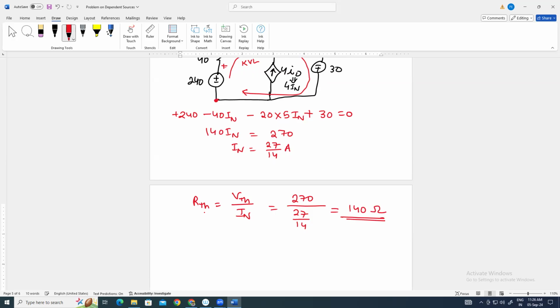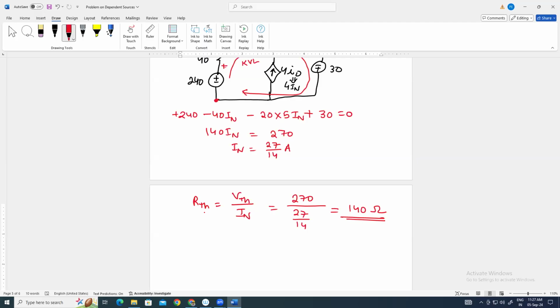Right? So by using this method also, we are getting the same Thevenin resistance value, that is 140 ohm only. Is it clear to all of you, this second method? Yes, sir.